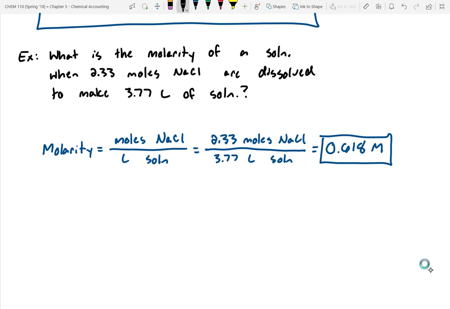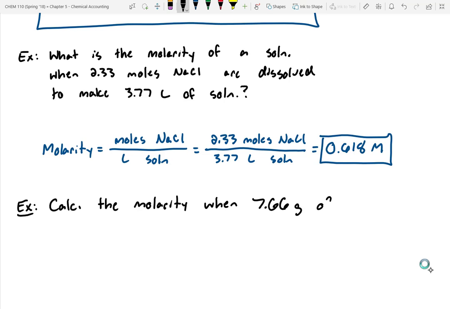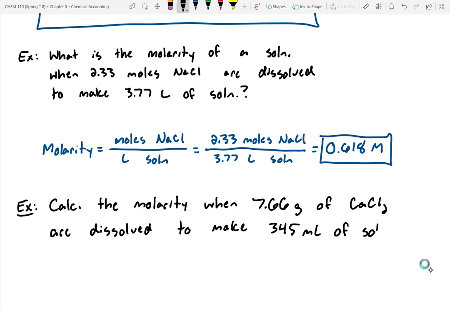Let's try a more challenging one. This one's going to require some unit conversions. So this one, I want you to calculate the molarity when 7.66 grams of calcium chloride, which is CaCl2, are dissolved to make 345 milliliters of solution.